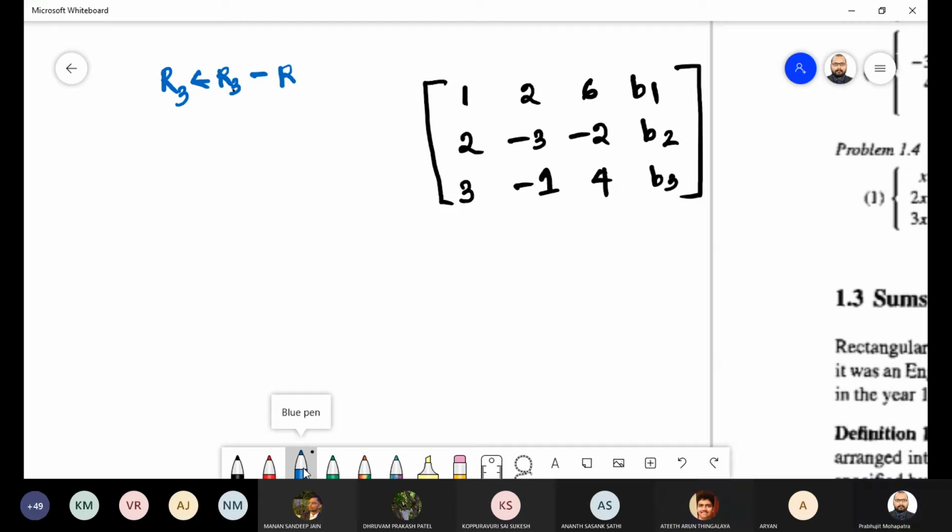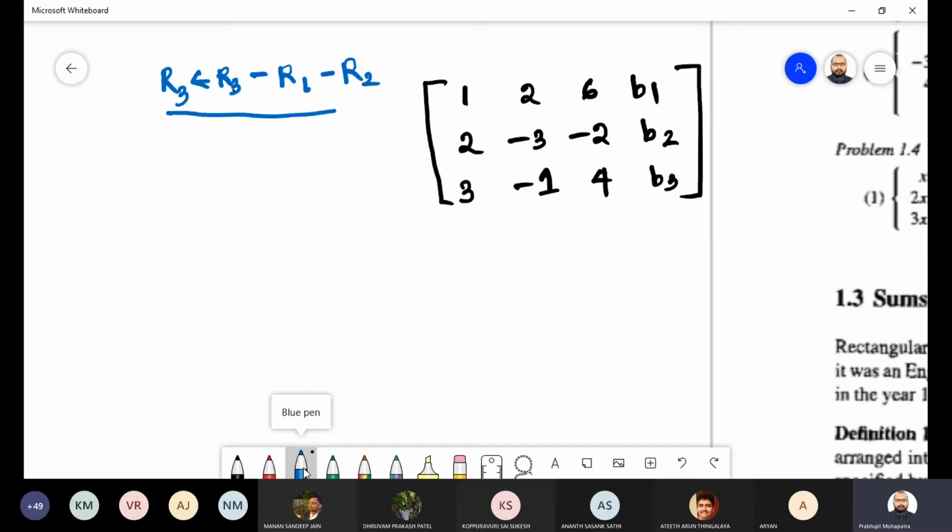R3 equals R3 minus R1, you are saying, and minus R2 also. Okay, so the same thing. You can do it simultaneously, but many people get confused, so you can do it two times.